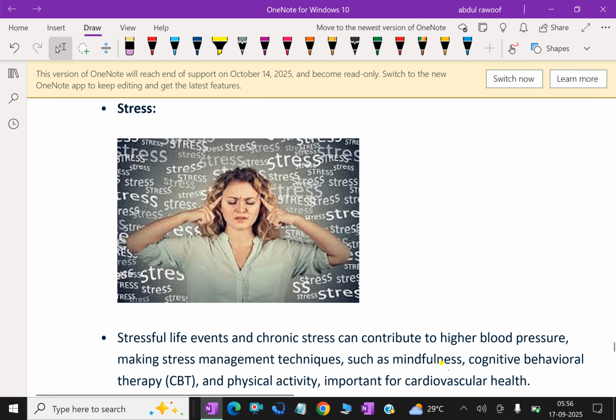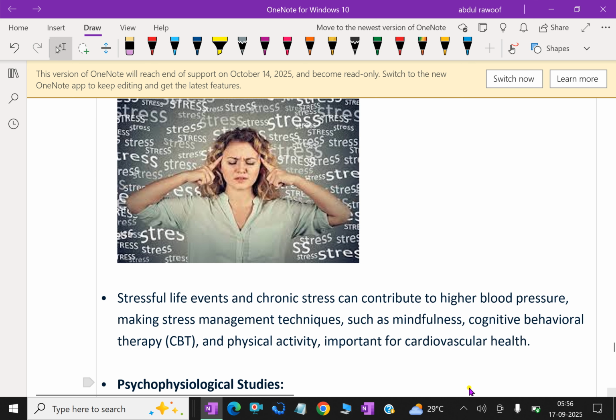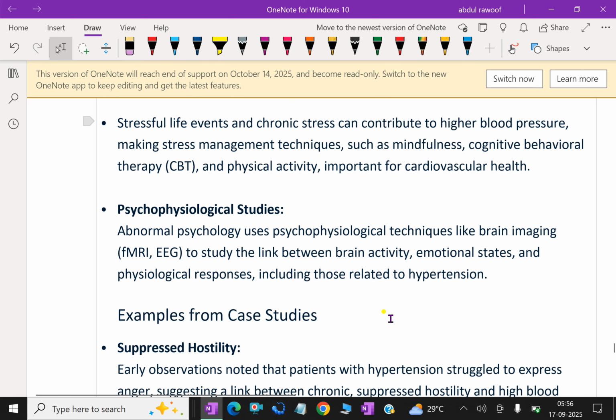Stress. Stressful life events and chronic stress can contribute to higher blood pressure, making stress management techniques such as mindfulness, cognitive behavioral therapy (CBT), and physical activity important for cardiovascular health. Psychophysiological studies.